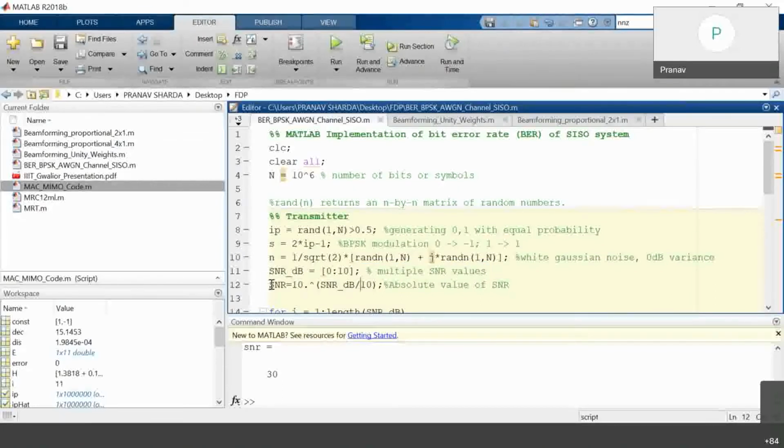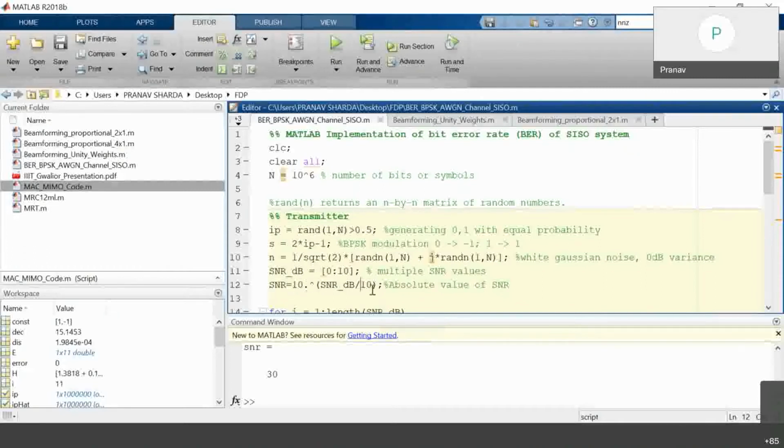So in line number 12, please note that in line number 11, we have the SNR values in dB, right? So in order to get the absolute value of SNR in line number 12, we know how to get the absolute value when the value of some parameter in dB is given.